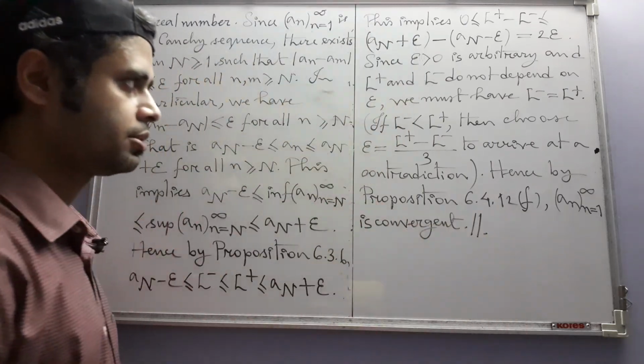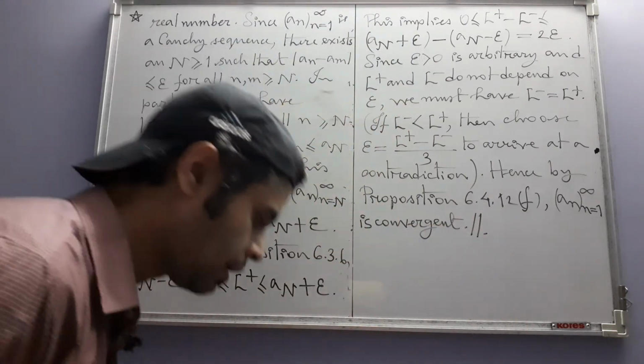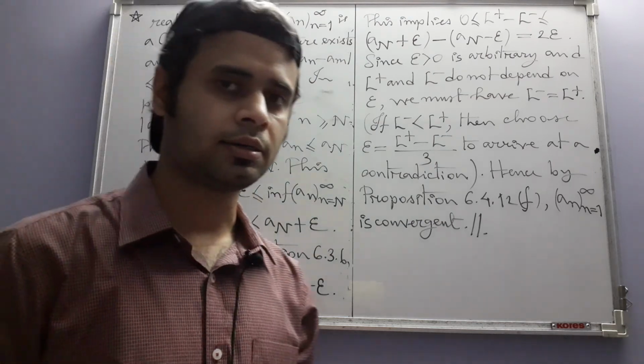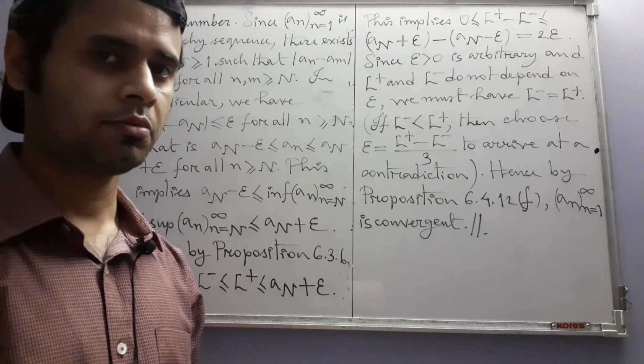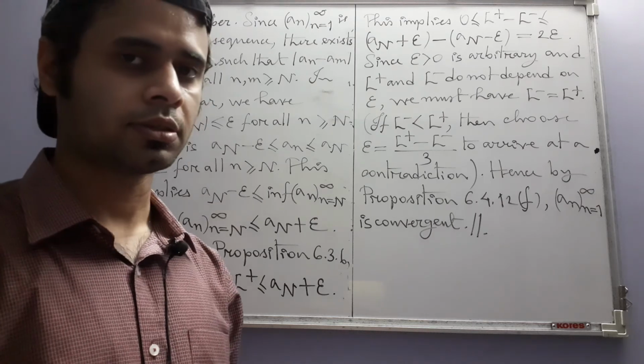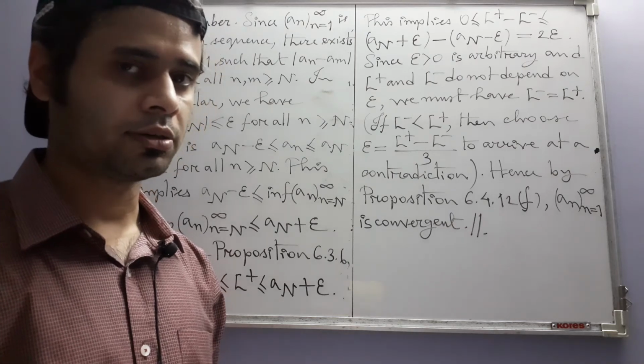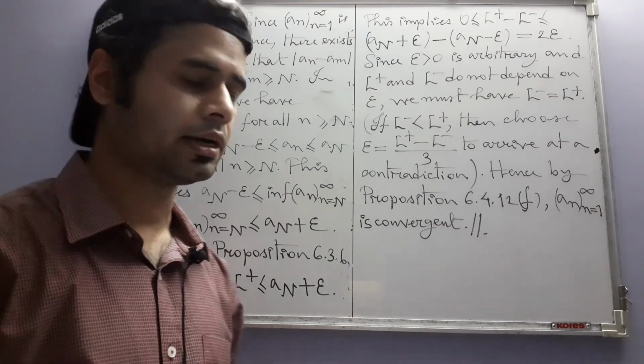So this completes the proof, and it shows that Cauchiness and convergence are synonymous when we are talking about sequences of real numbers, which however is not the case for rational numbers. We have already seen that.